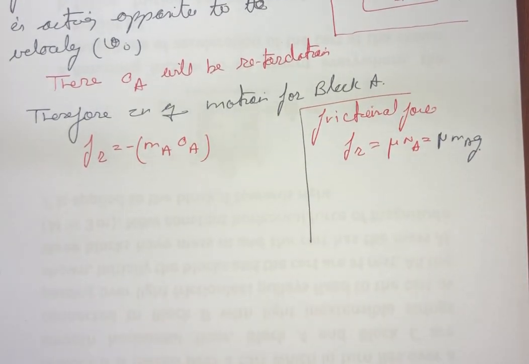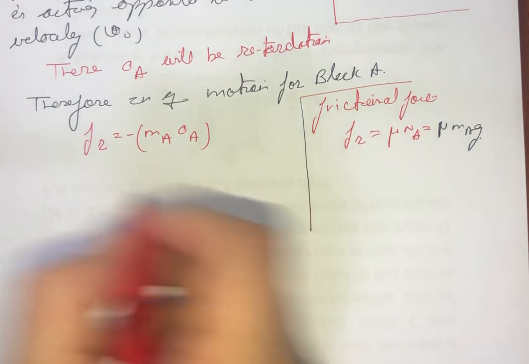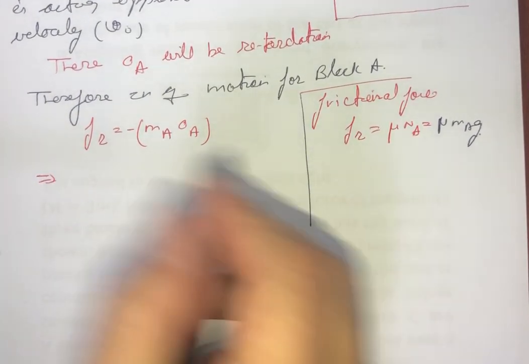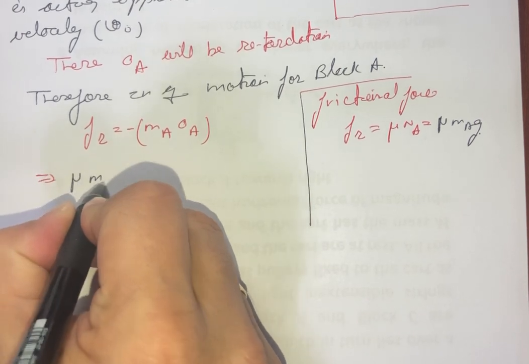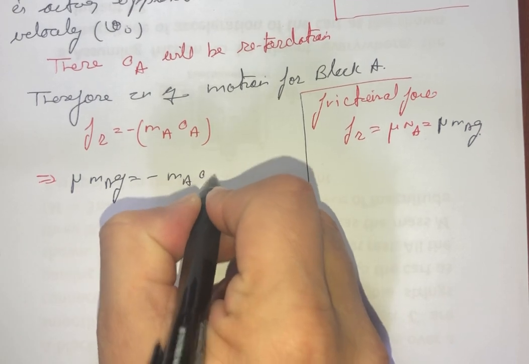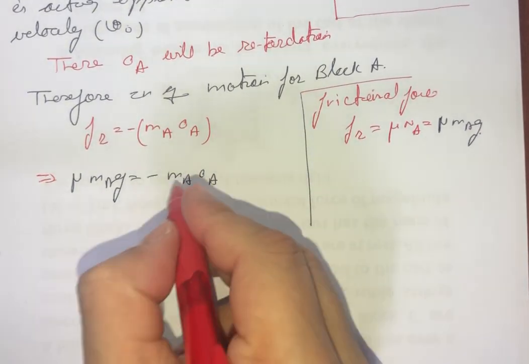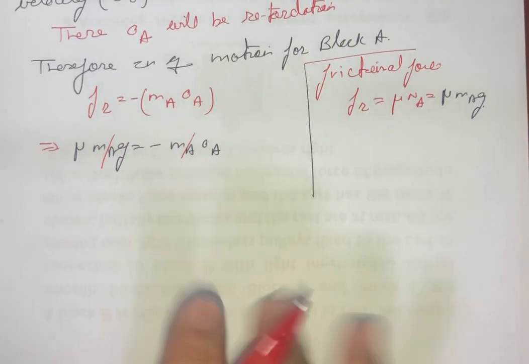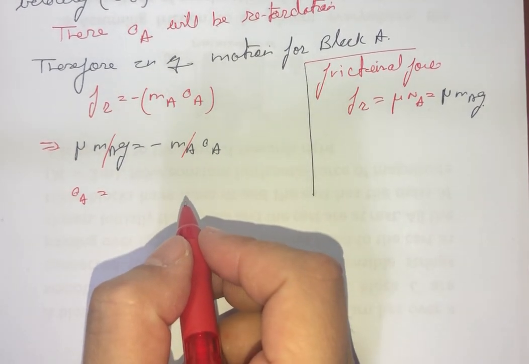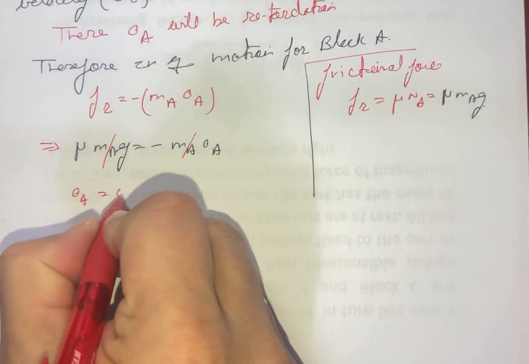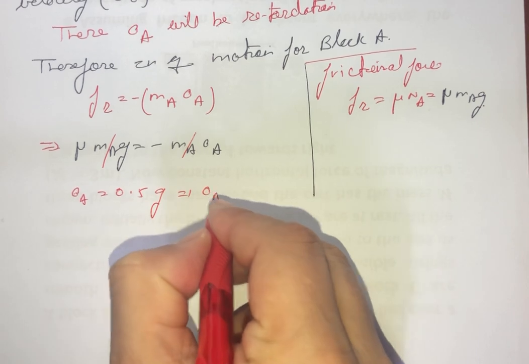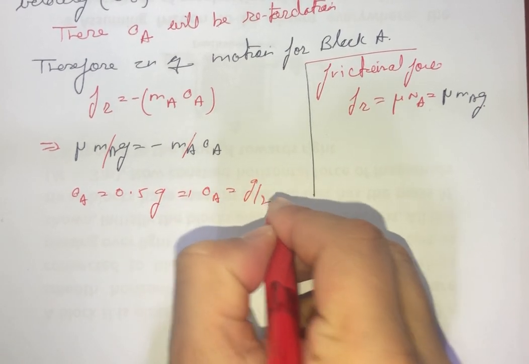Substituting the value, we can write that mu mg will be equal to minus m times the acceleration of A. Mass cancels out, so we get acceleration of A. Mu is given as 0.5, so we can write this as 0.5 multiplied by g, or from here we can say acceleration of A is equal to g by 2.